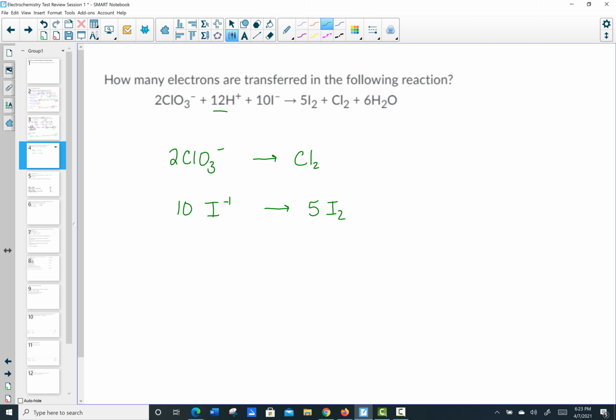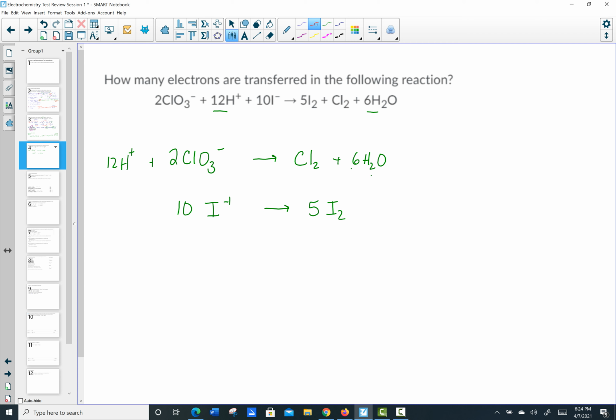And you know that we'll end up with hydrogens and waters through the process of balancing. You can see why we add 6 H2Os to the right side to balance the oxygens, and onto this side we would need 6 times 2 is 12 hydrogens. So this is the first balanced equation. And then down below we have 10 I negatives forming 5 I2s.